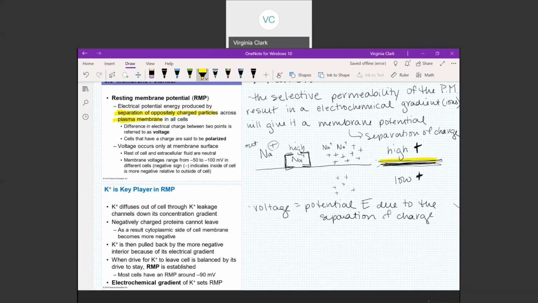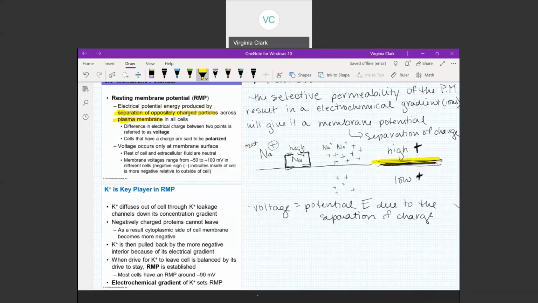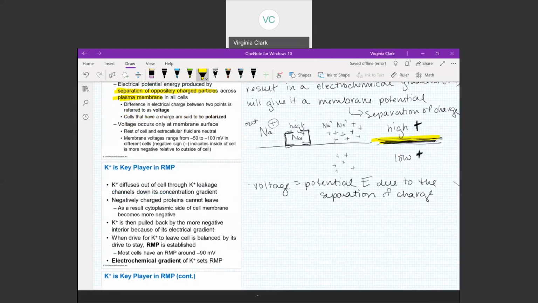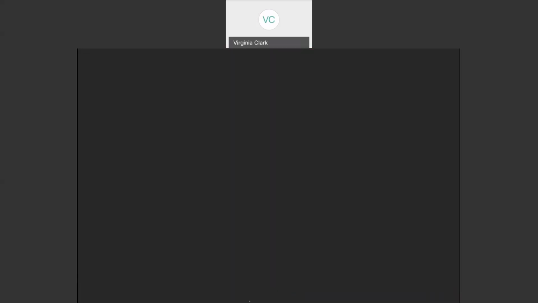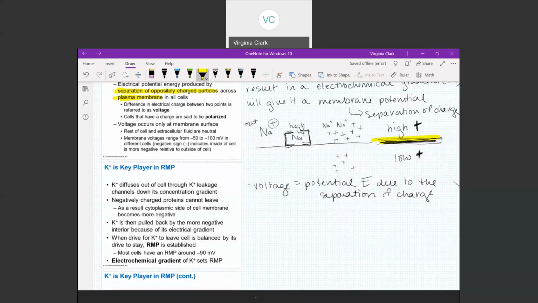Here's your plasma membrane. And it is going to separate charges. And this voltage will only occur at the membrane surface. And this can be measured in millivolts. So it will essentially give you a charge on either side.